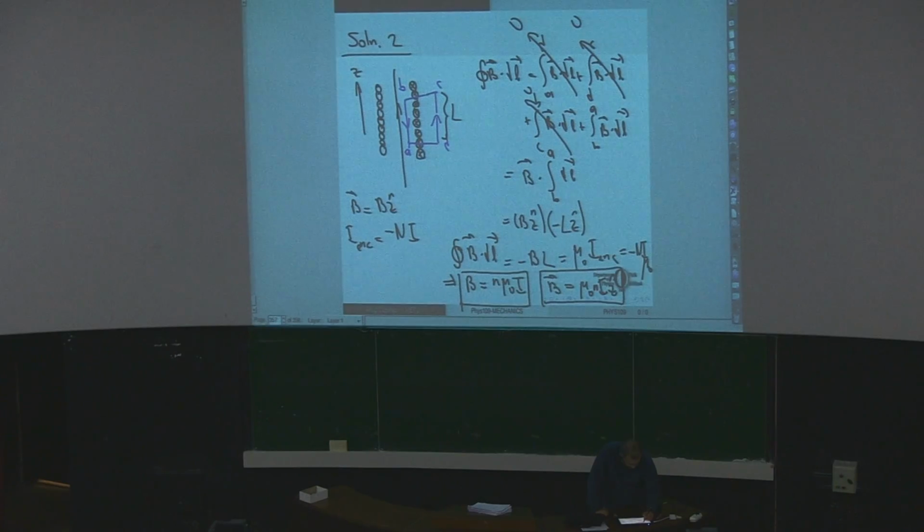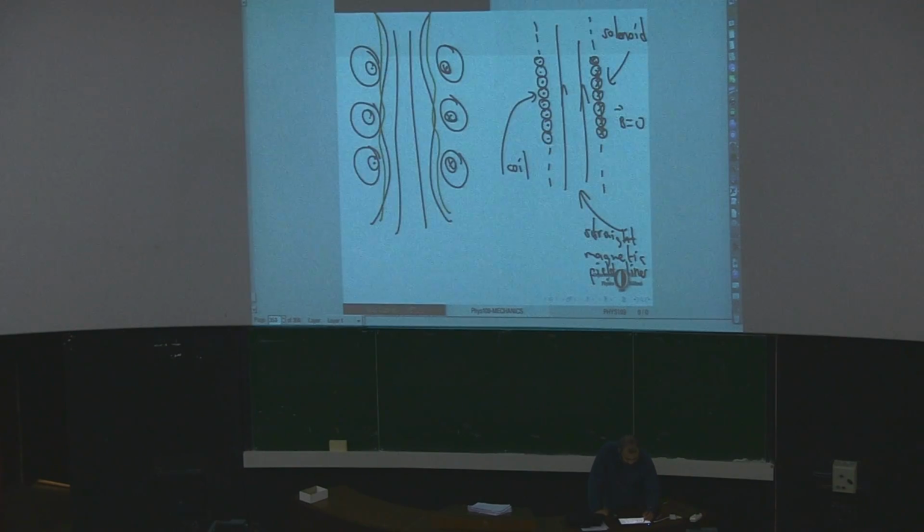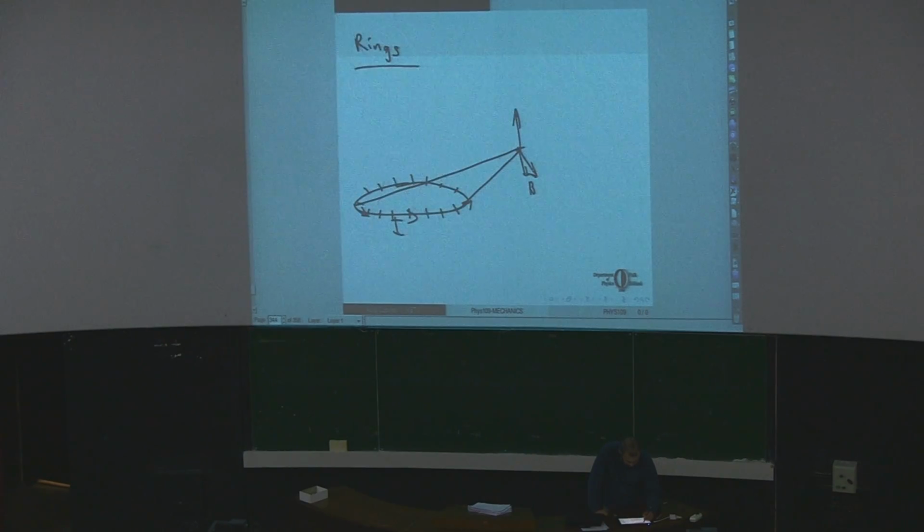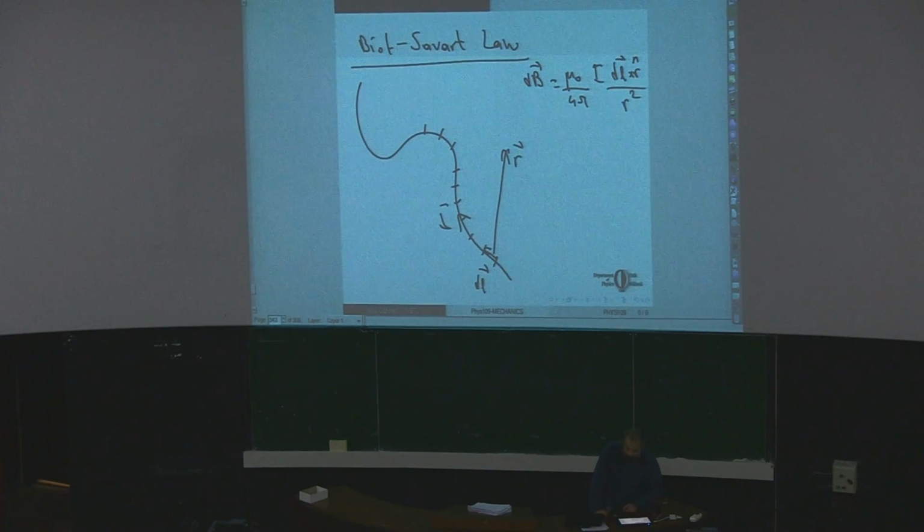In that case, you just need to go to your Biot Savart Law. You have to integrate this one if you have an arbitrary shape. Just like the Gauss law: Gauss law is true in all circumstances, but it's not practical except in cases in which the charge distribution is quite symmetric. Similarly, Ampere's law is always valid, but it's not so useful in cases where you don't have too much symmetry.